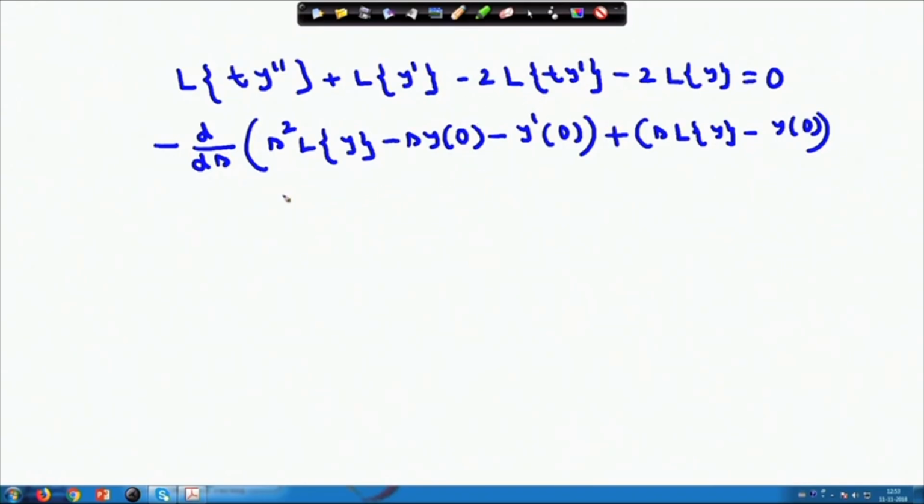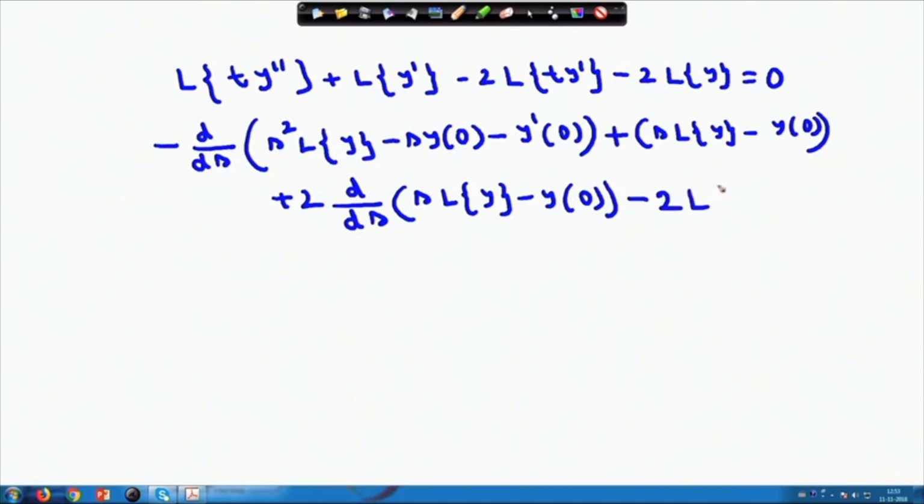So, it will be plus 2 into d d s of Laplace transform of y dash, that is s into Laplace transform of y minus y naught, plus the last term is minus 2 into Laplace transform of y, this is equals 0. So, please note here Laplace transform of t times the derivative, whenever it is there, the value is minus d d s of the Laplace transform of that derivative.